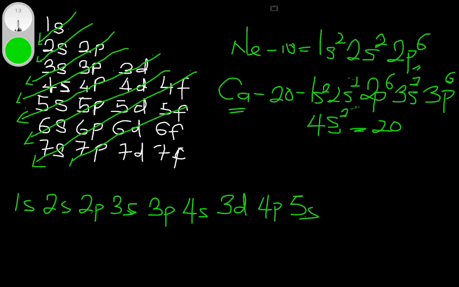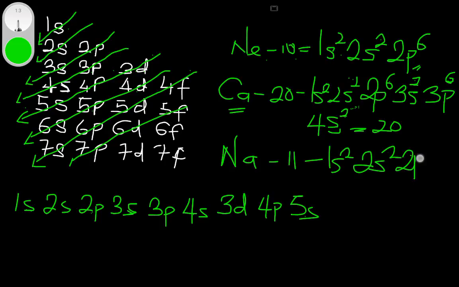Let's look at sodium. Sodium can be written using the electronic configuration of neon. Sodium has 11 electrons. So you use the electronic configuration of neon, which is 1s2, 2s2, 2p6.